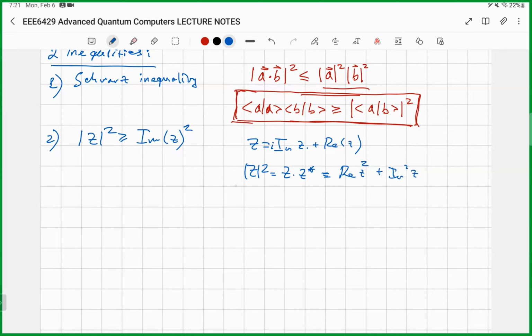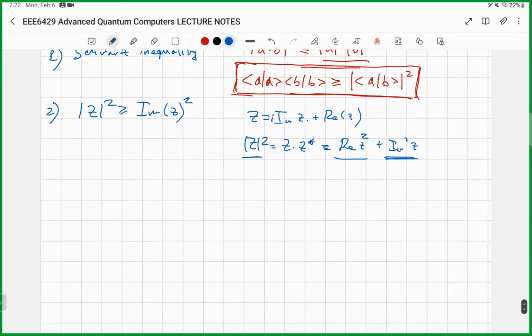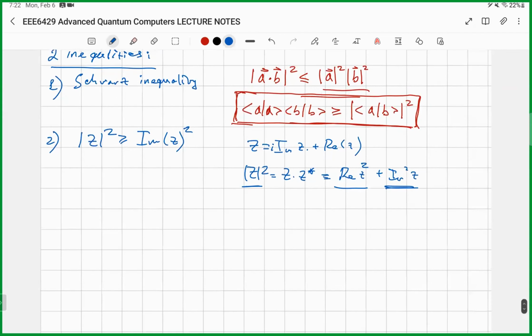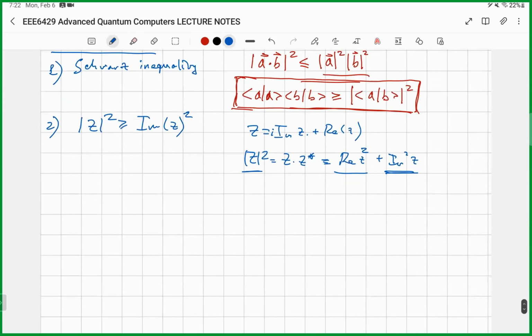And of course, this absolute value squared is always larger than imaginary part squared, depending on the value of the real part. And if the real part is 0, then the absolute value of z is equal to the imaginary part of this complex number. So this is very, very easy to get.